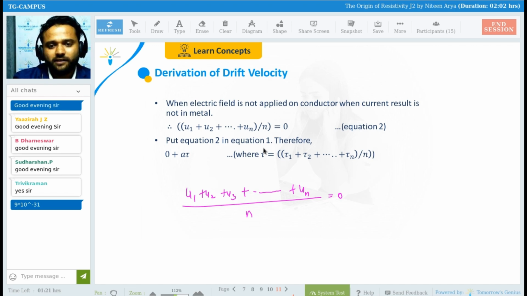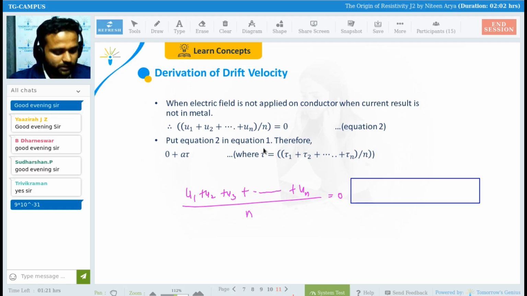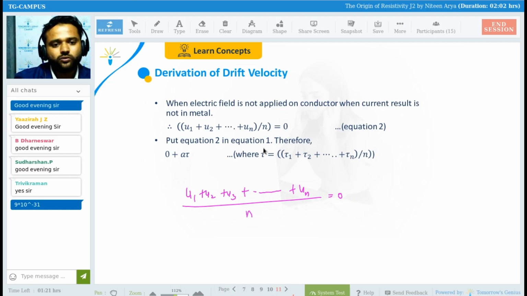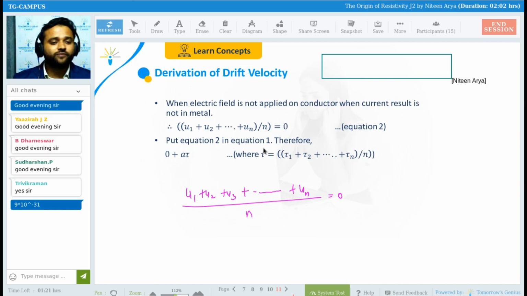You tell me why. Since the starting we understand this. What is this u1, u2, u3? Anyone please tell me why this average is 0. Tell me. This is very common sense or basic. Why is this 0?